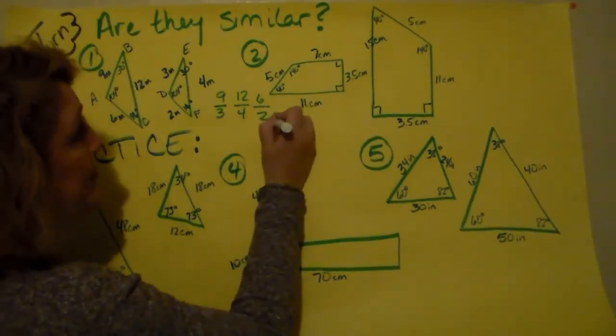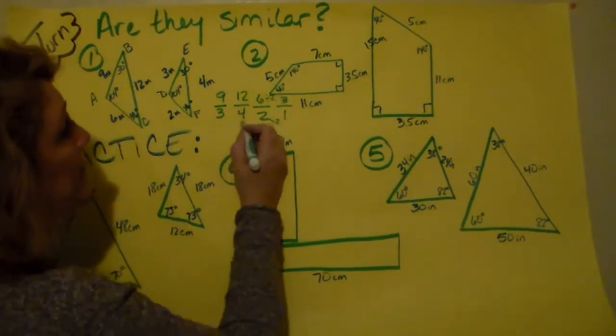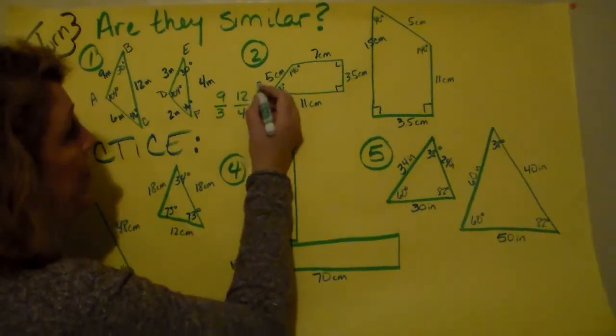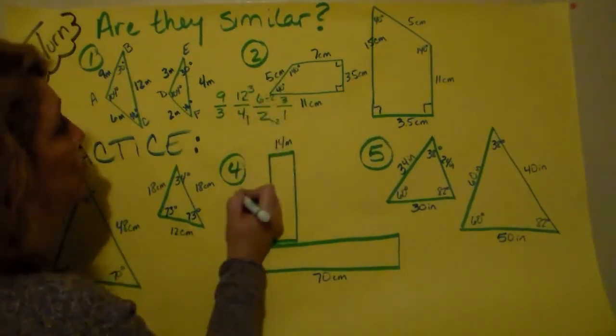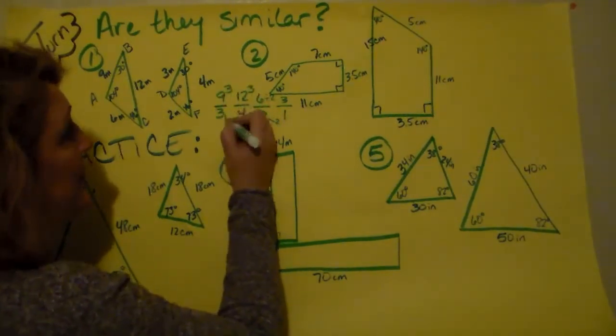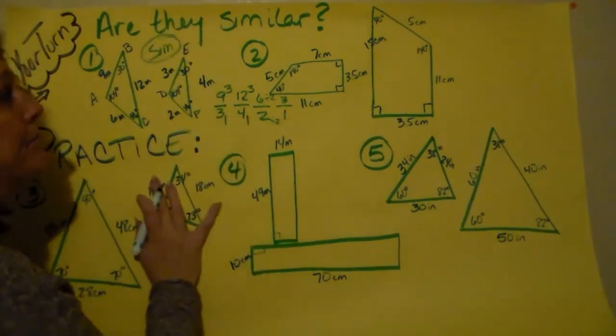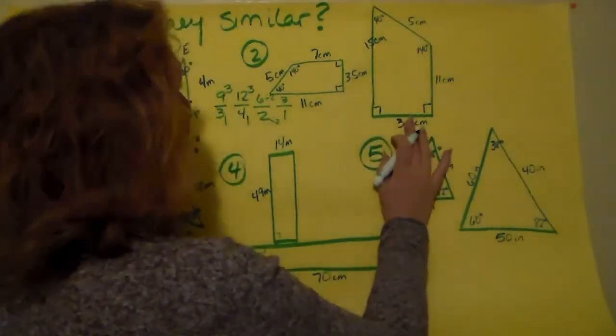I can divide this by 2, and I can get 3 over 1. 4 divided by 4, 12 divided by 4, I can get 3 over 1. I can also divide each of these by 3's, and I get 3 over 1. So this is similar.